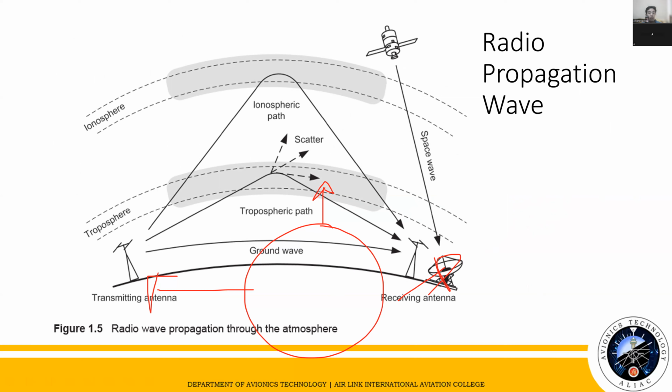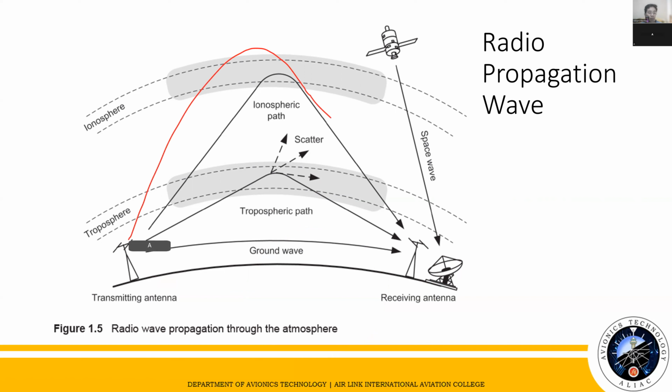And this is the radio wave propagation from the transmitter. From the transmitter to the ionospheric path, it passes there, is refracted, and goes back to the receiving antenna.